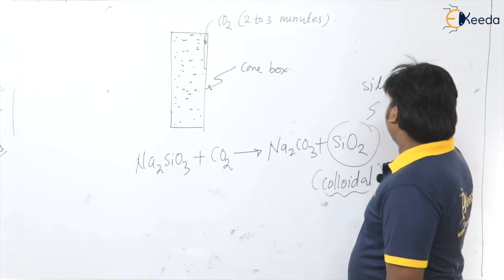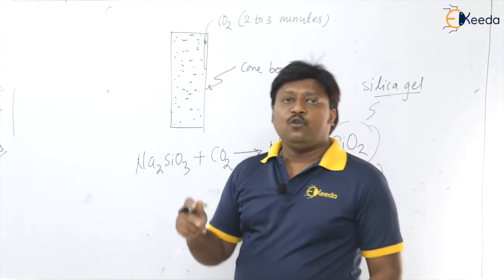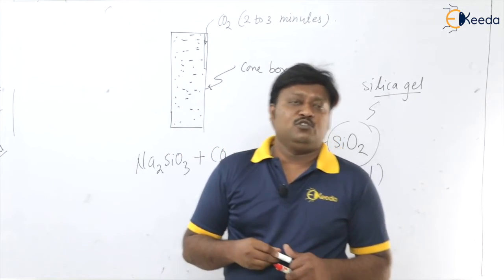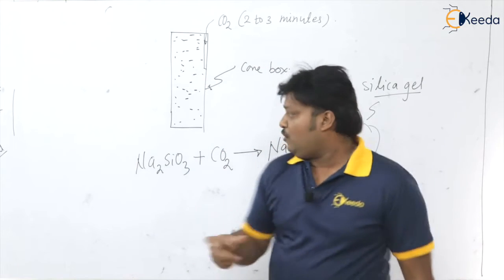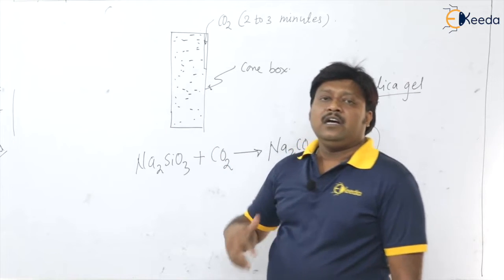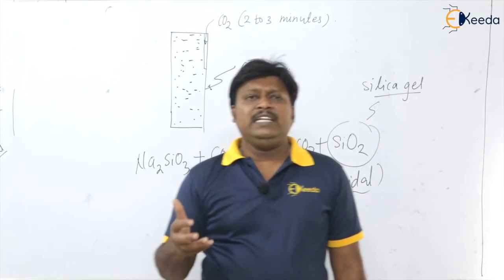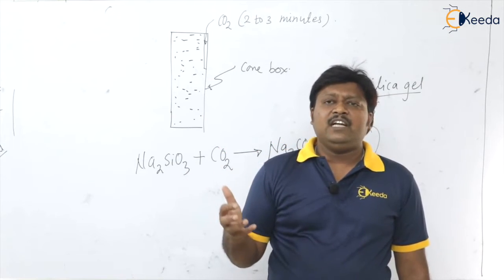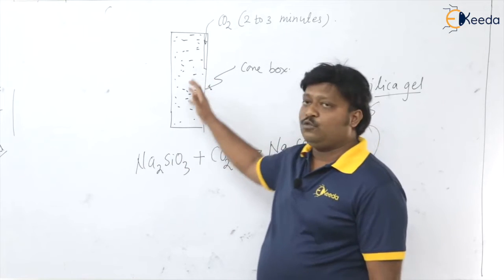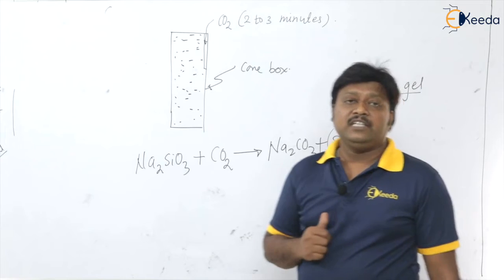This silica gel is going to give the core the required strength. But one thing you should remember, the strength obtained by this silica gel will not remain for a longer period of time. Only 2 to 3, maximum 3 hours, the strength given by this silica gel will remain inside this core.